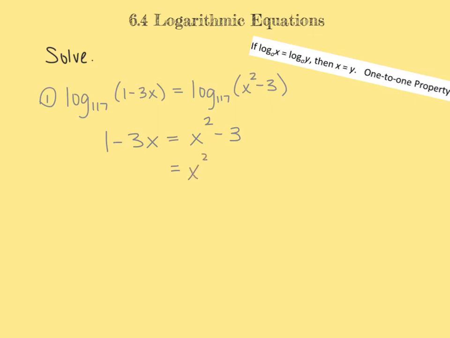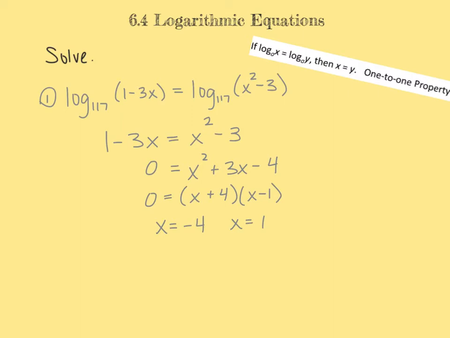So we have x squared, that's not bothered, then plus 3x, then negative 3 minus 1 is minus 4, and we have it equal to 0. This is a good rule of thumb with quadratics. Set it equal to 0, see if you can factor it. In this case, we can. We have x plus 4 and x minus 1 as our two factors. And then x can potentially equal negative 4 or potentially equal 1.